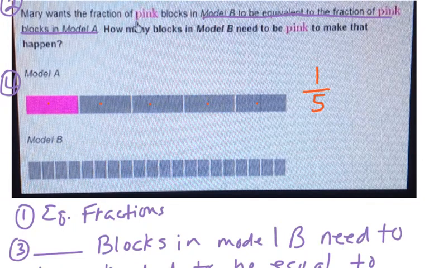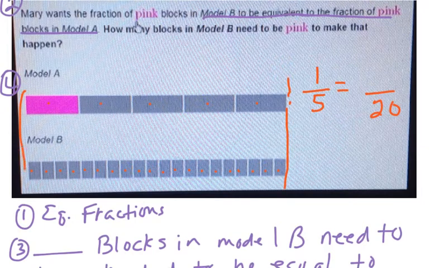Now, you remember I'm trying to make something equivalent, so now I'm going to look at model B and count up my equal parts. 1, 2, 3, 4, 5, 6, 7, 8, 9, 10, 11, 12, 13, 14, 15, 16, 17, 18, 19, 20. And here, I can see that I have 20 equal parts. If I draw a little line down here and here, I can see that both of these take up the same amount of space.